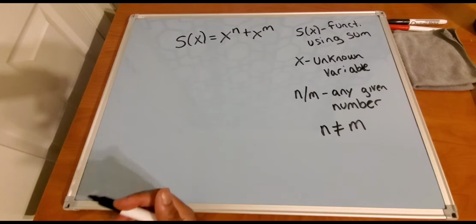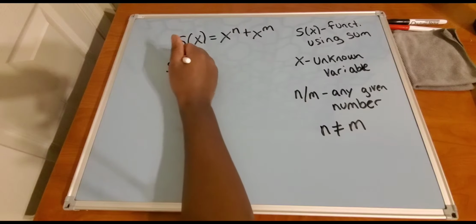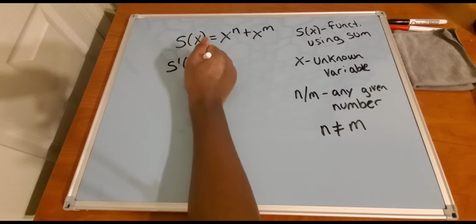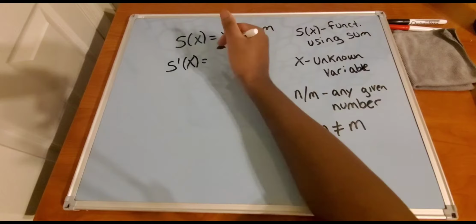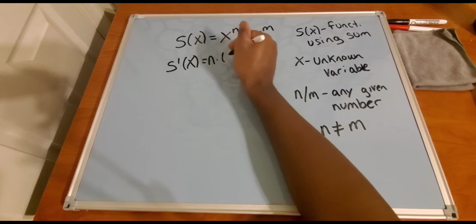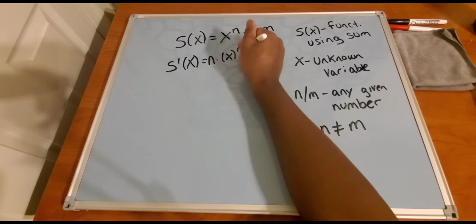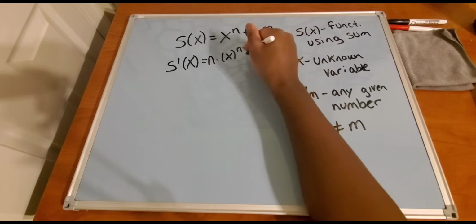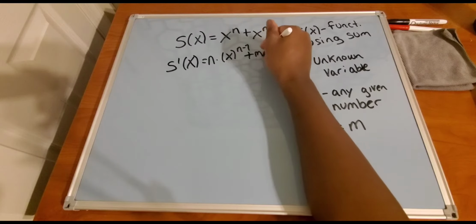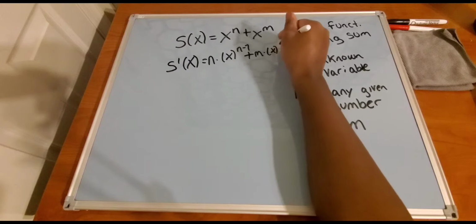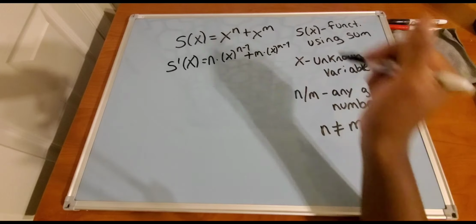So the definition of the sum rule is the derivative of this function will be equal to n times x raised to the n minus 1 plus m times x raised to the m minus 1.